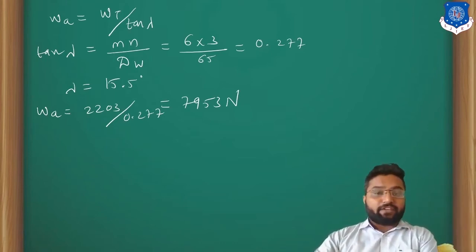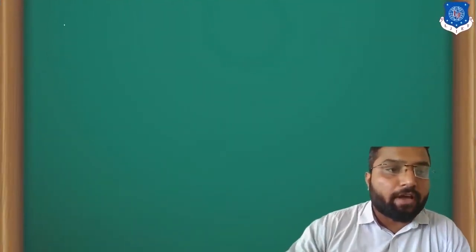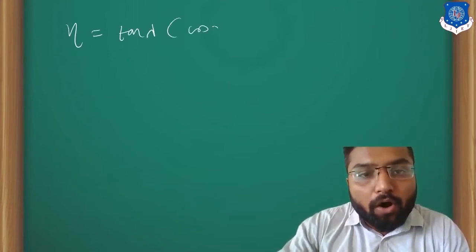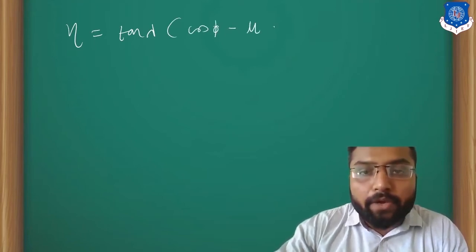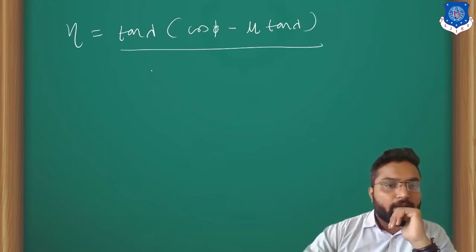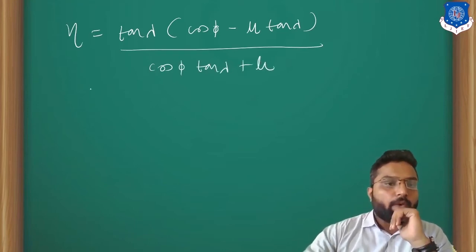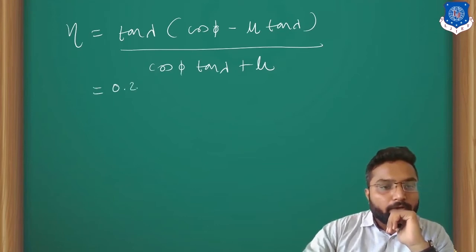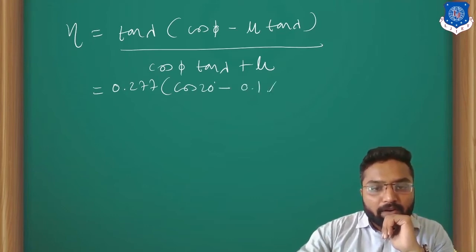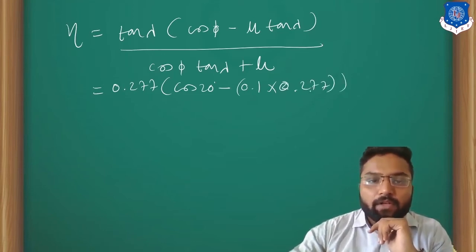Let's next find out the efficiency of our worm and worm wheel. Our equation for efficiency looks like this: tan lambda into cos phi minus mu into tan lambda, divided by cos phi tan lambda plus mu, where tan lambda we found as 0.277, cos phi is cos 20, mu is 0.1.